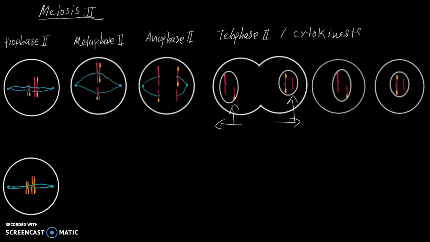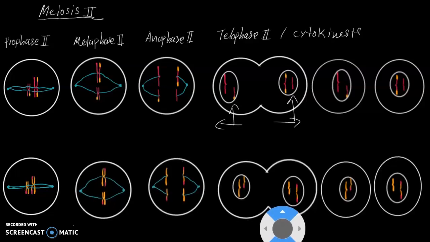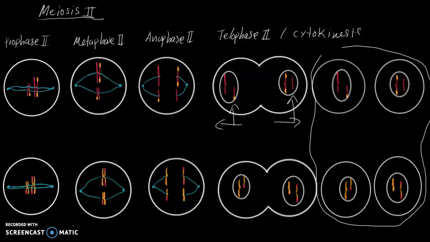We also get the same process for the other cell at the bottom here, and it's going to look something like this. And we get a total of 4 cells here that are haploid. And we could call these 4 haploid cells gametes.